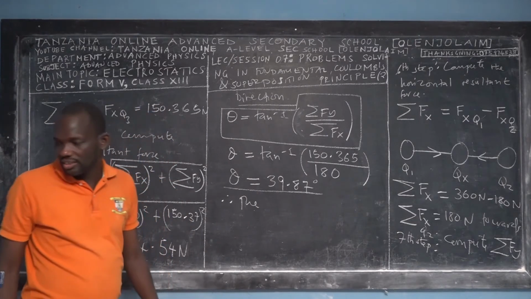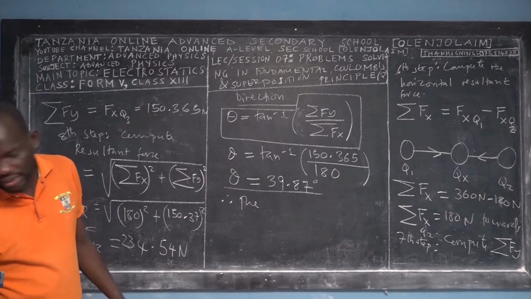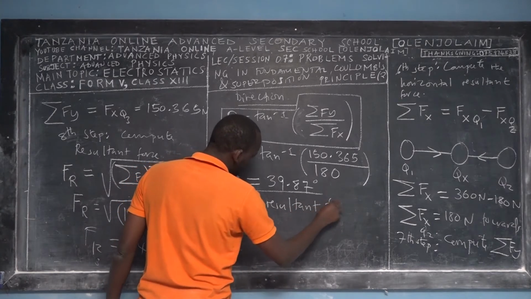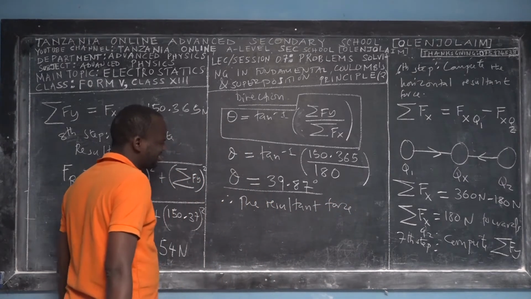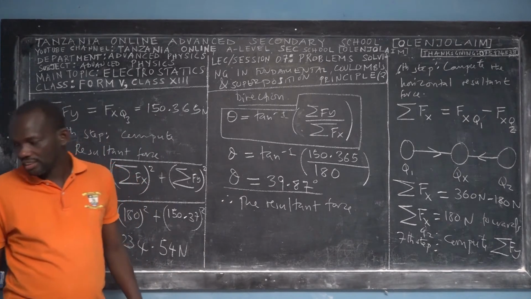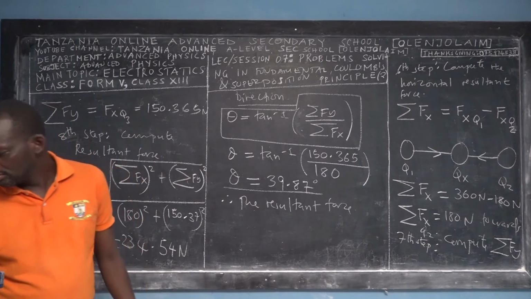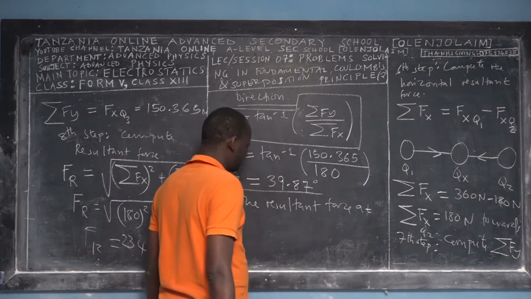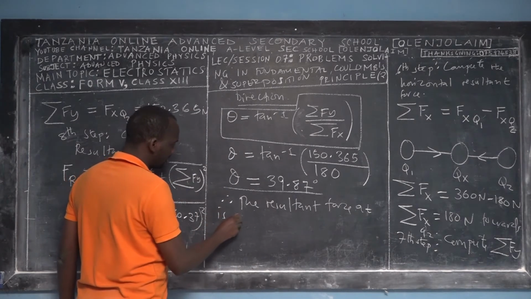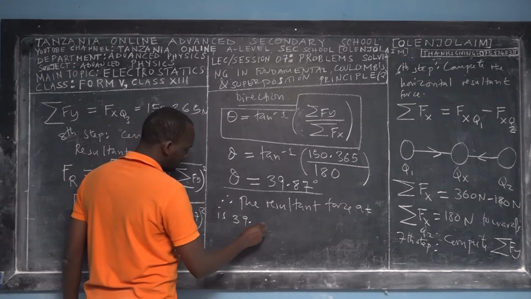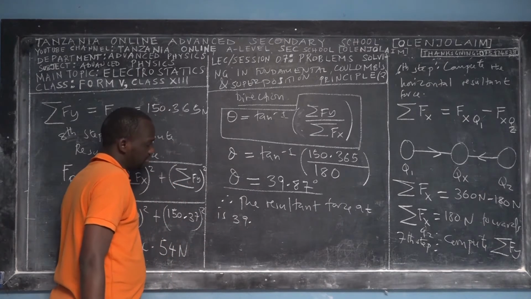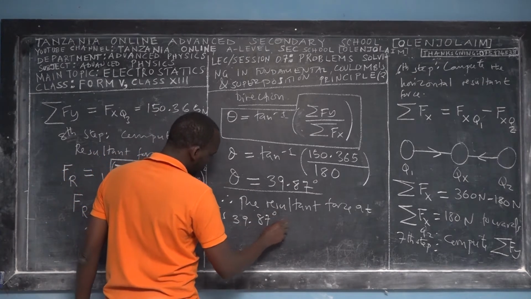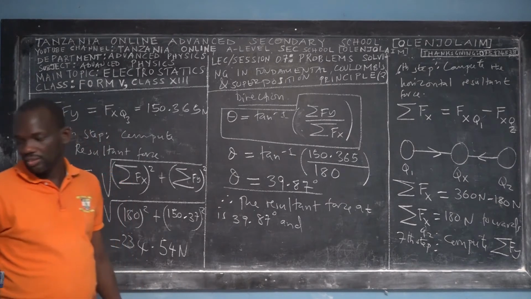So the question was asking us to find the resultant force. The resultant force at x is at 9.87 degrees, and also the angle.